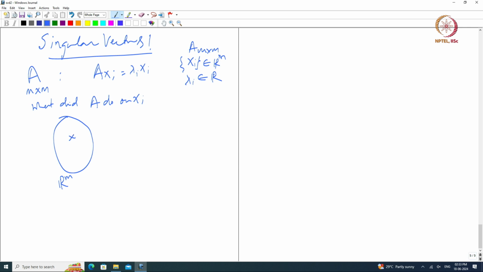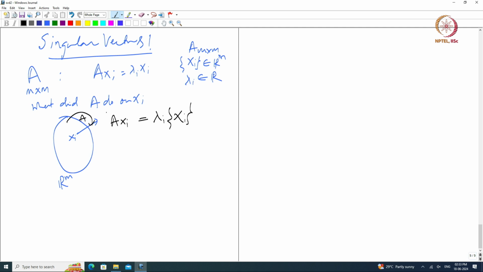Suppose I have some vector xi, let us say this xi. I operate A on that, the action of A on that. What did A xi do? It ended up simply taking xi and scaling it by lambda i.